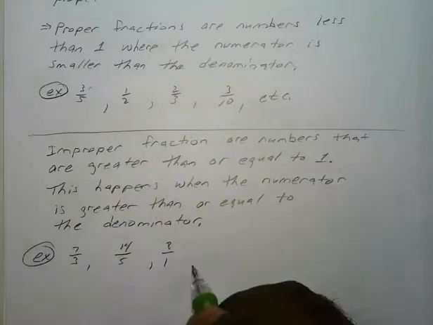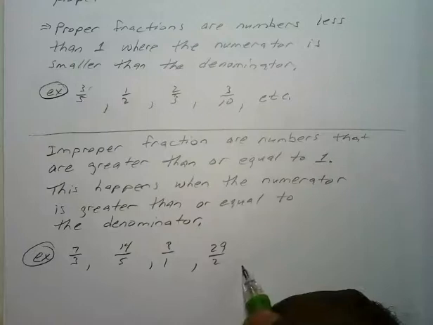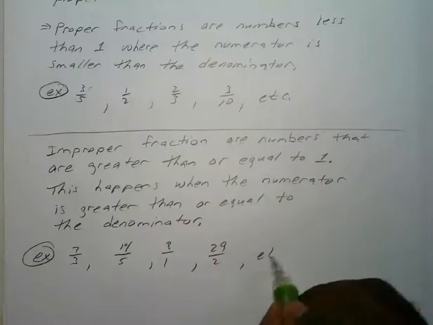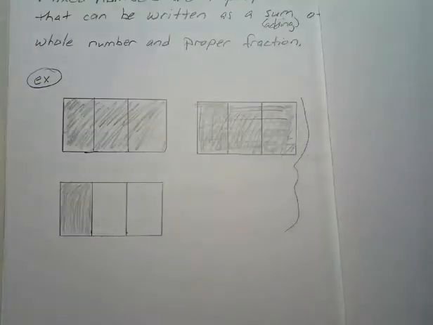That's an improper fraction. Or 29/2. That's an improper fraction, and so on. Those are all improper fractions. If you are still writing, feel free to press pause, but we're going to move on to the next page.